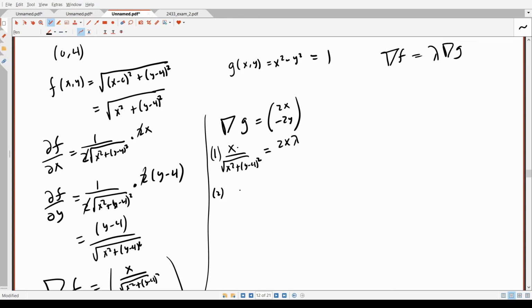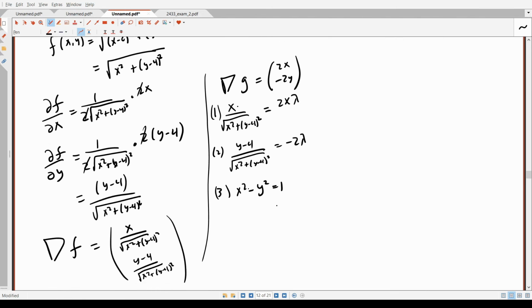Equation number 2, I have y minus 4 over this whole mess equals minus 2 lambda. And then I still have the constraint. Nope, not plus, that's minus. Okay.